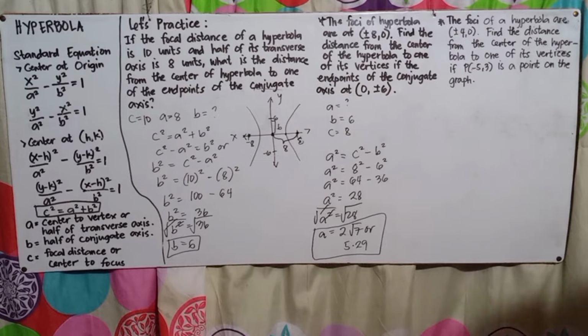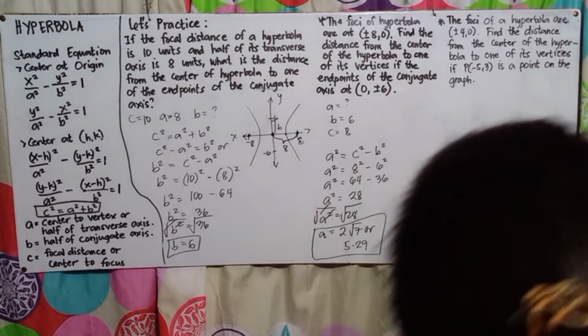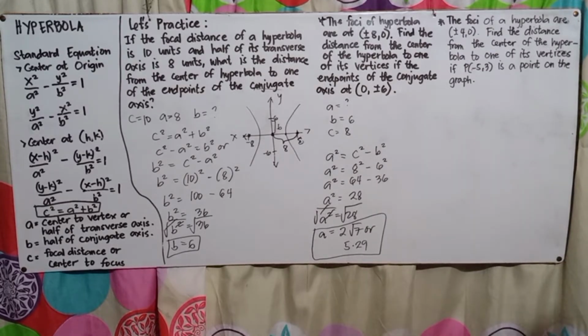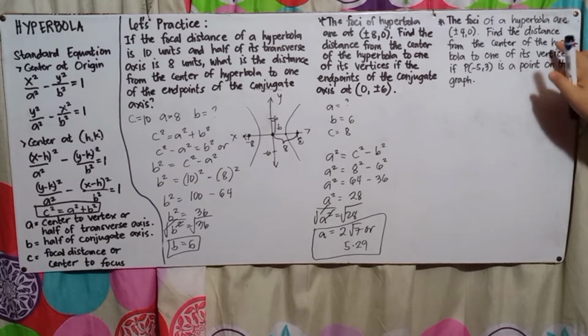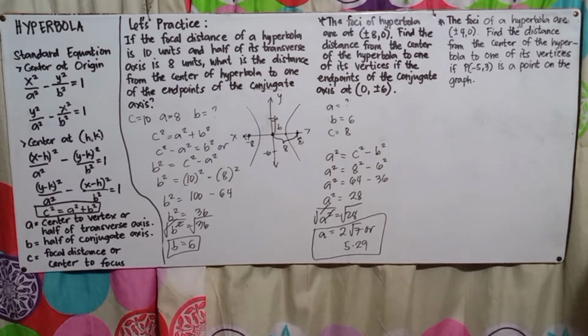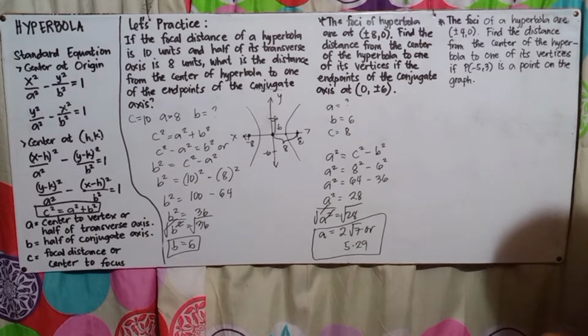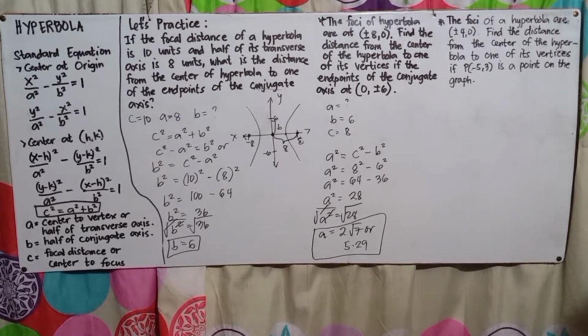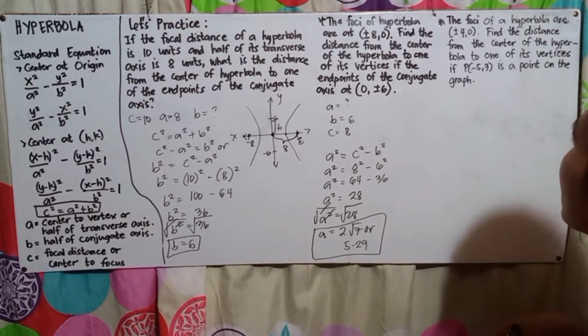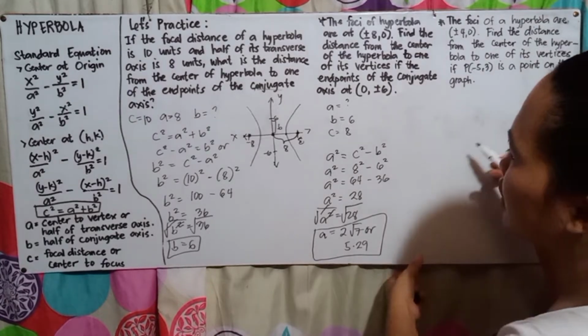Okay, next example. The foci of a hyperbola are positive, negative 4, 0. Find the distance from the center of the hyperbola to one of its vertices if P(negative 5, 3) is a point on the graph. First, i-illustrate natin ang foci and a point.